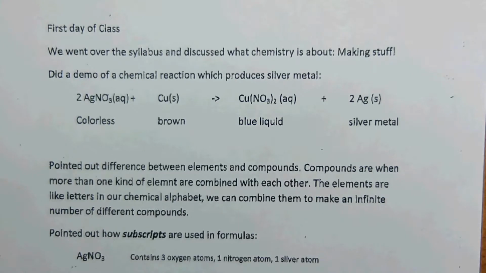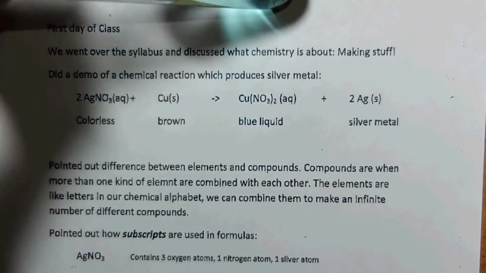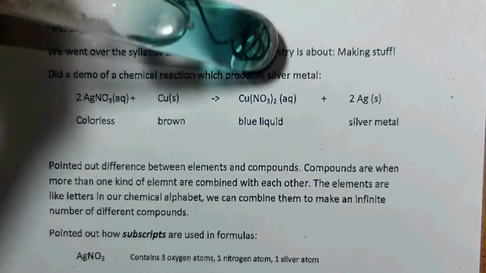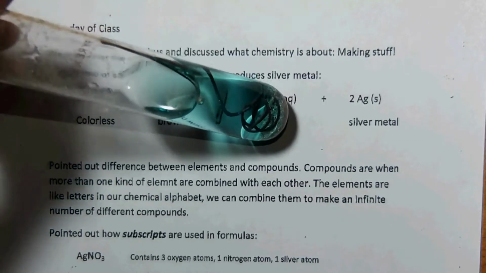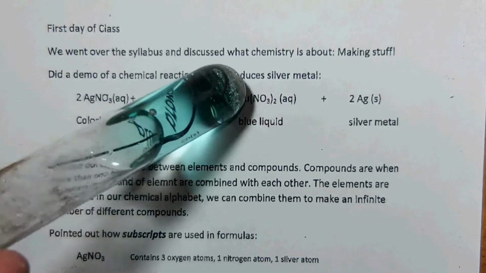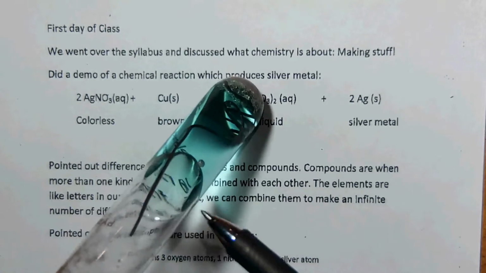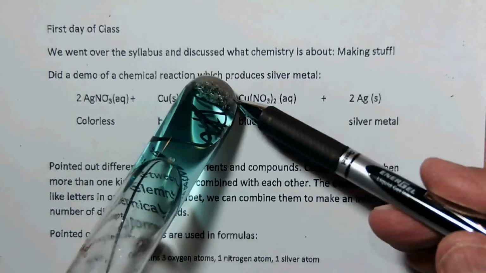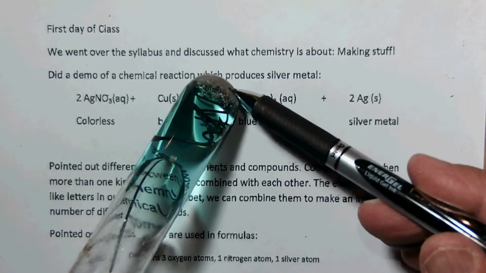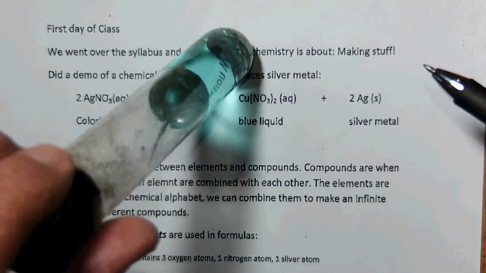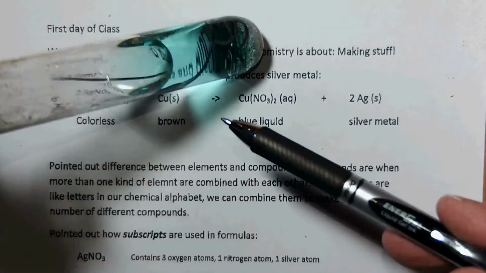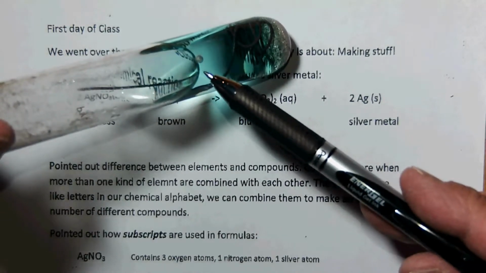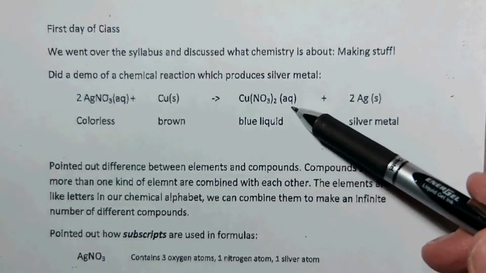So in case you forgot it, it looked kind of like this. Oops. That's that test tube we used for the demo way back when. Here's the nice brown copper wire. You can see some of the silver metal here, that shiny gray stuff. That's metallic silver. The blue liquid is the copper nitrate.